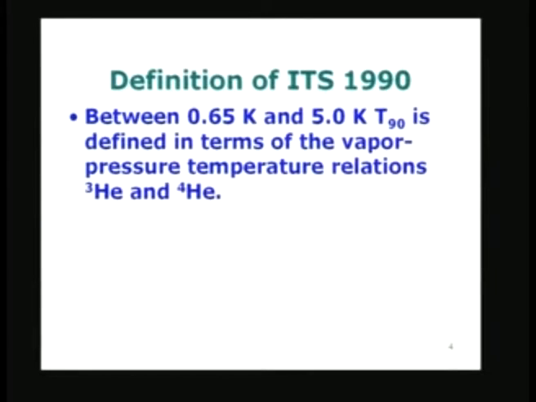ITS 1990 includes some modifications. Some of them are minor, some of them are more important. Of course, we will not go into the history of these things. What the ITS 1990 does is to provide the secondary fixed points, which are given accurate and acceptable values of temperature as given in the previous two slides, and then it also specifies how to use these fixed points and what kind of instruments you must use to determine the temperature.